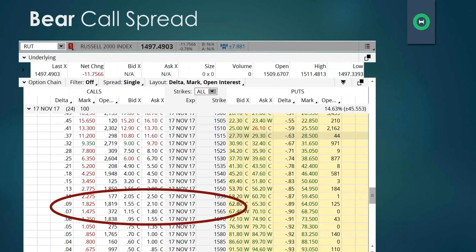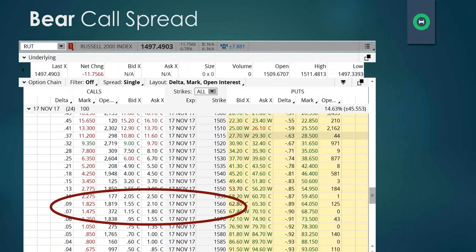Okay, let's look at a bear call. The bear call is just the opposite of the bull put. What we're doing is we are selling a call and buying one further out of the money. It is a bearish strategy.